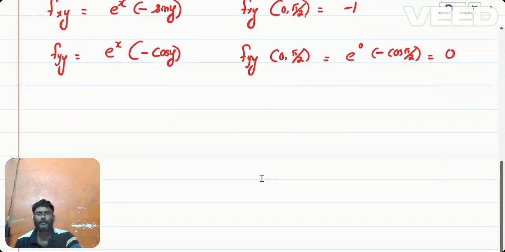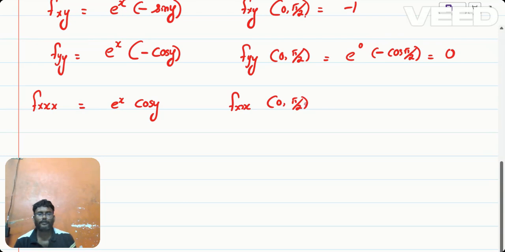Now we have to go for the third derivatives. So for this, f triple x is the same as e power x cos y. The reason is differentiation of e power x is always e power x. So f triple x of 0 comma pi by 2 will be 0.